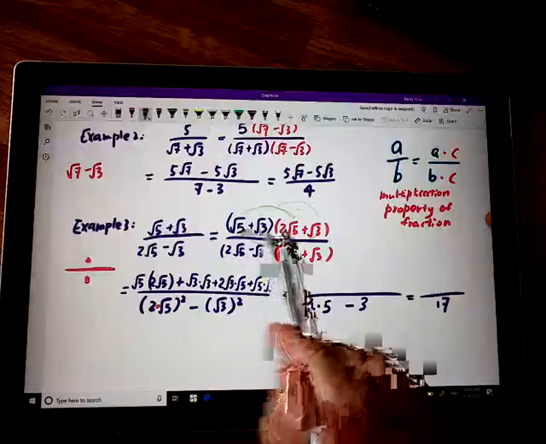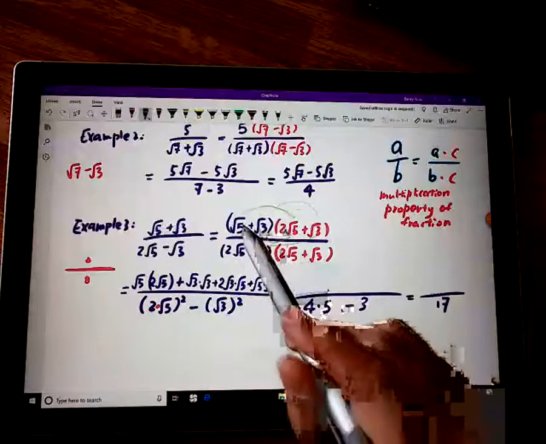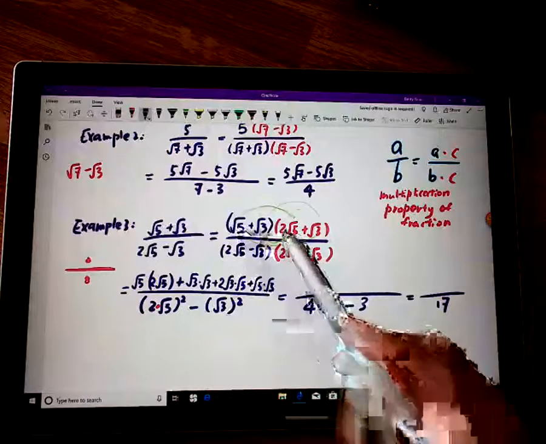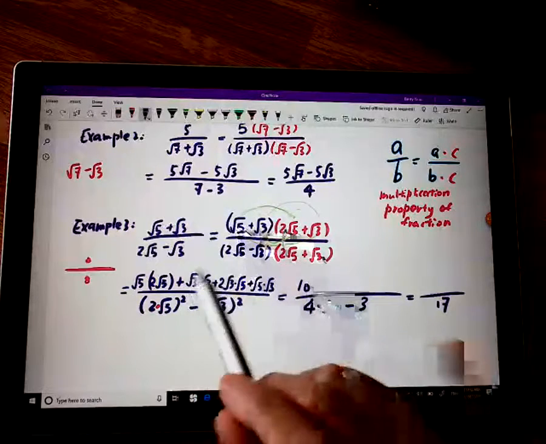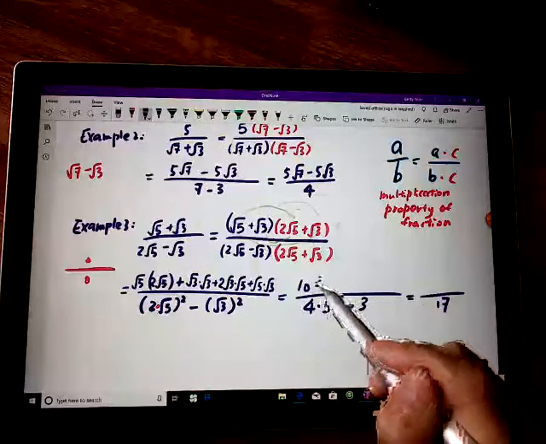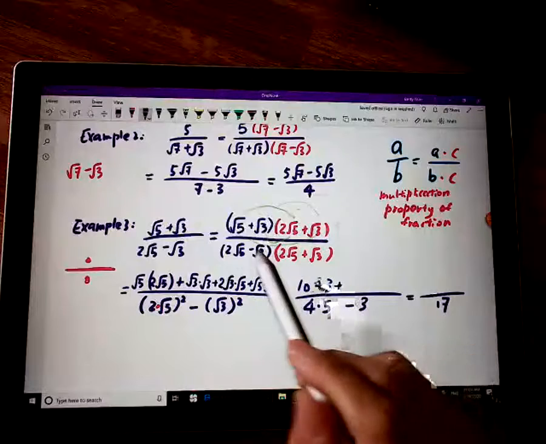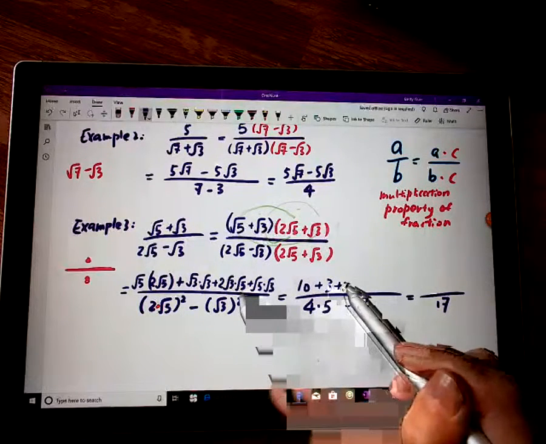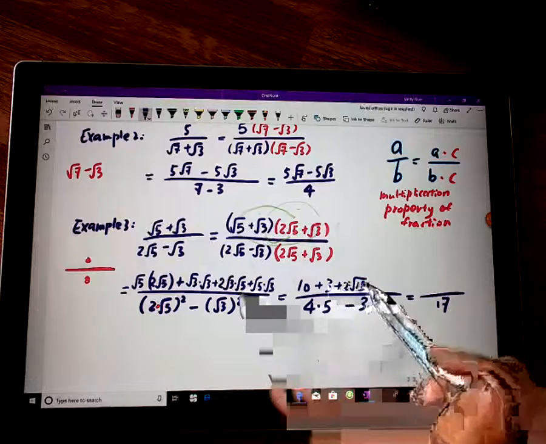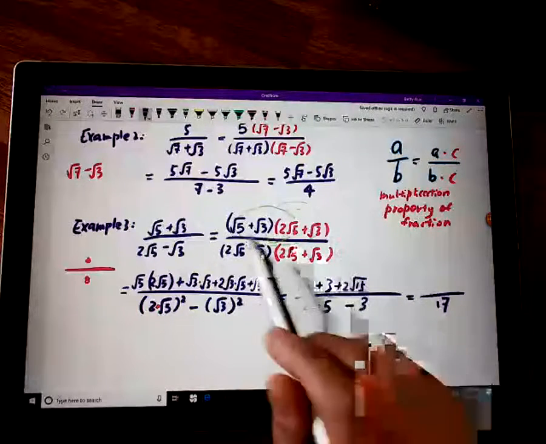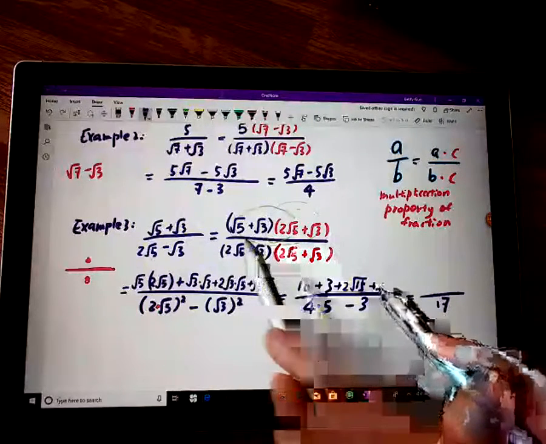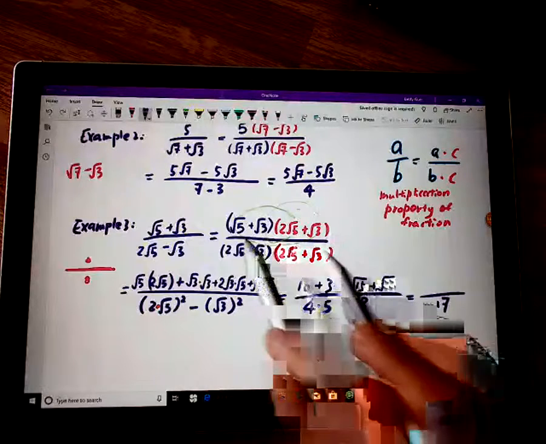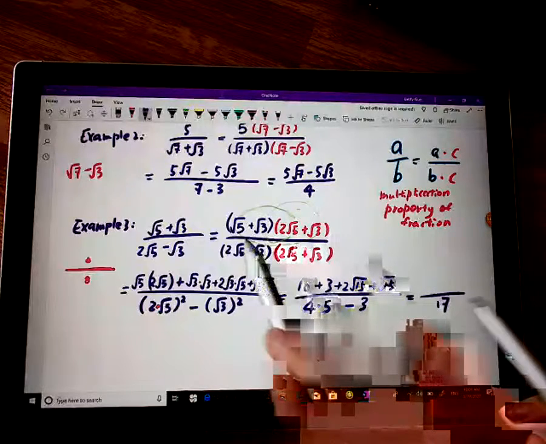So left eyebrow, root 5 times 2 root 5. Root 5 times root 5 is 5. 5 times 2 is 10. Root 3 times root 3 is 3. 2 times root 3 times root 5 is twice root 15. Root 5 times root 3 is 1 times root 15.